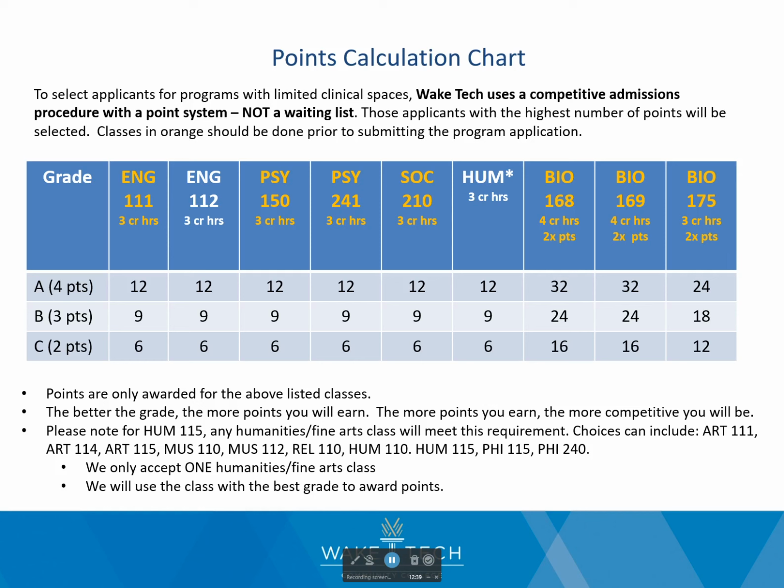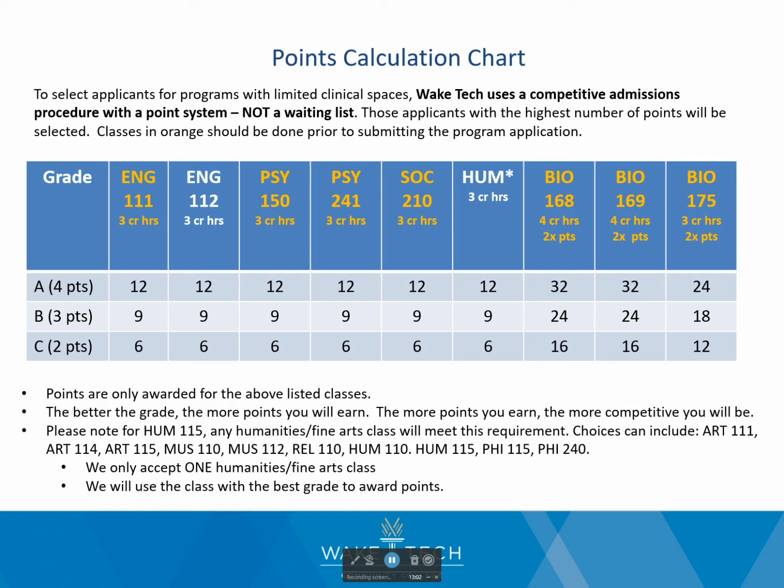So you can see an A is worth 4 points, a B is worth 3, and a C is worth 2 points. We are going to multiply that by the credit hour of the course. And you can see all the courses are 3 credit hours except for your Anatomy and Physiology 1 and 2. Those are 4 credit hour courses.